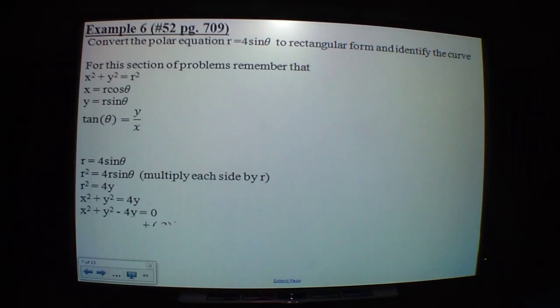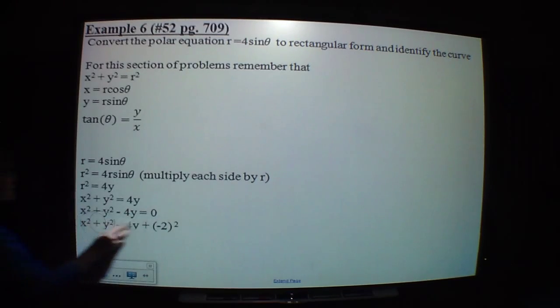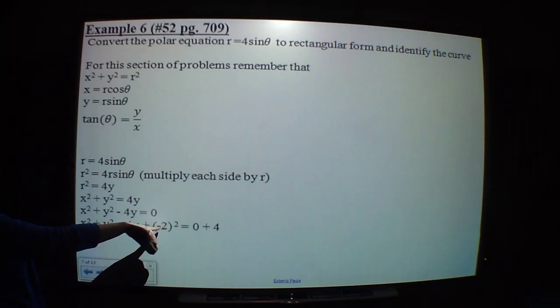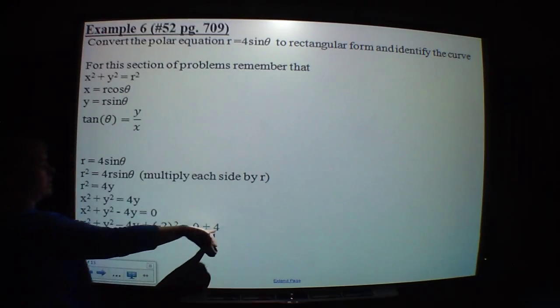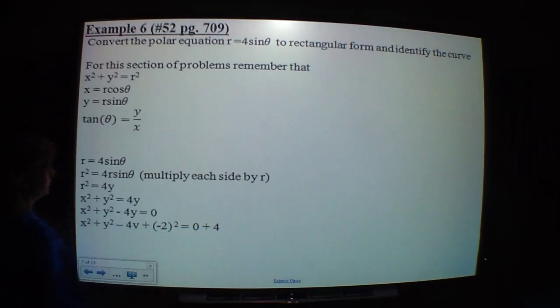And here, for everyone that doesn't like the trig and likes algebra, we are going to complete the square. So to complete the square, I take half of this -4 and square it and add it to each side. So -4 divided by 2 is -2 squared, which is 4.